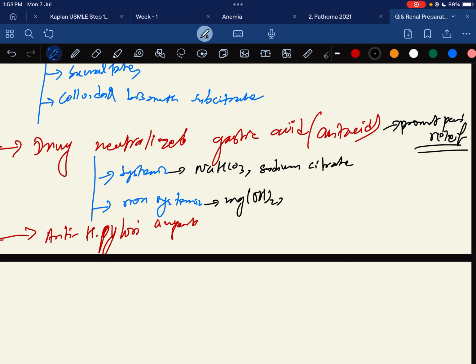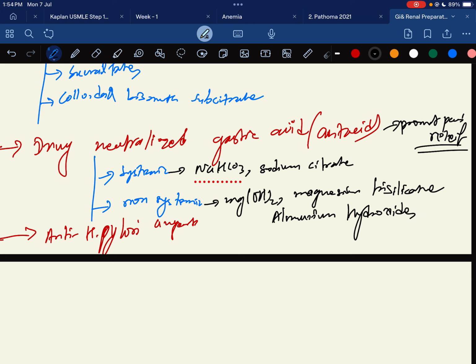Then there is magnesium trisilicate, aluminum hydroxide. Then there is calcium carbonate. These are the non-systemic.